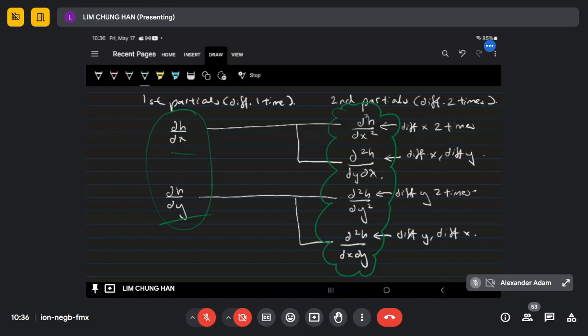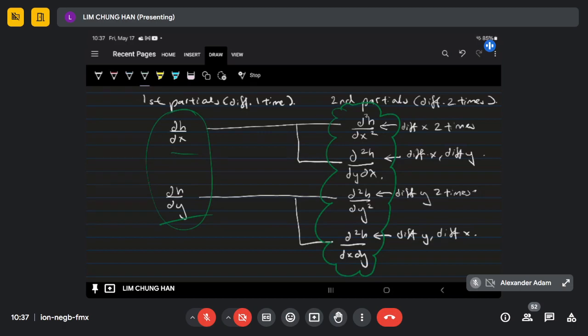Are you able to do it? You know what to do, right? You mean for the first partial? Correct, you need to start off with the first partial. Actually this question is simple.